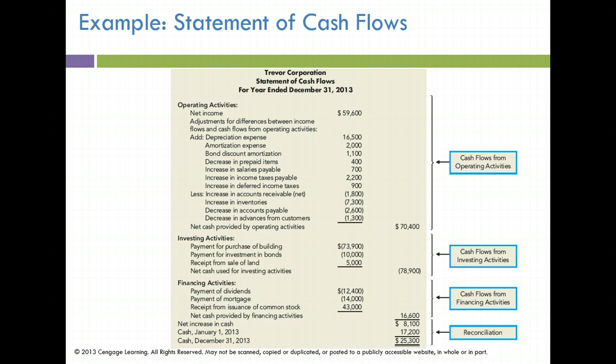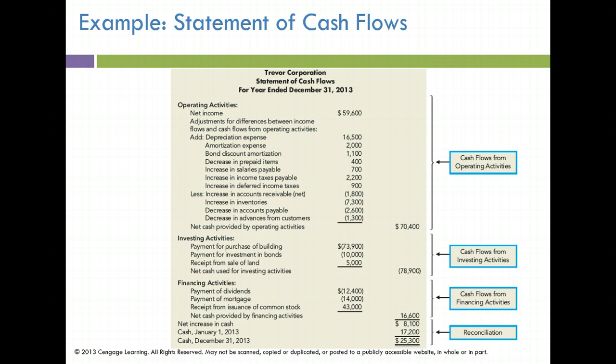The next piece shows increase in income taxes payable. Again, give yourself a cheat sheet. Anytime from the beginning of the period to the end of the period, you have an increase in a payable, you're going to add back cash. If you have a decrease in a payable, you're going to subtract cash.